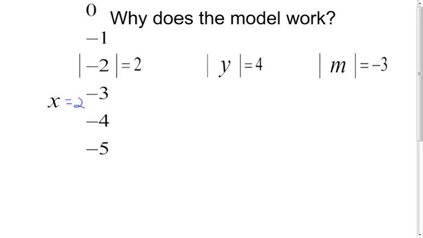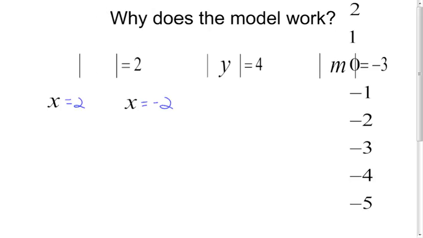Because negative 2 is 2 away from 0. So I have two answers in my solution set: x equals 2 and x equals negative 2. None of these other numbers work when I put them through for where the x was.